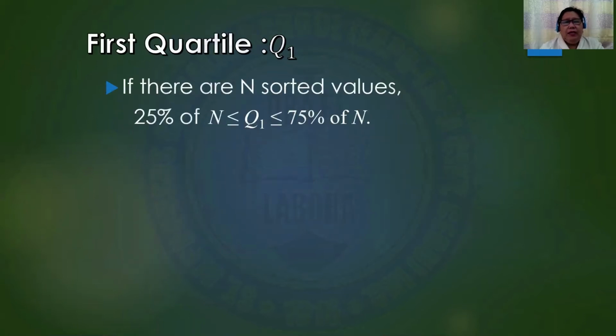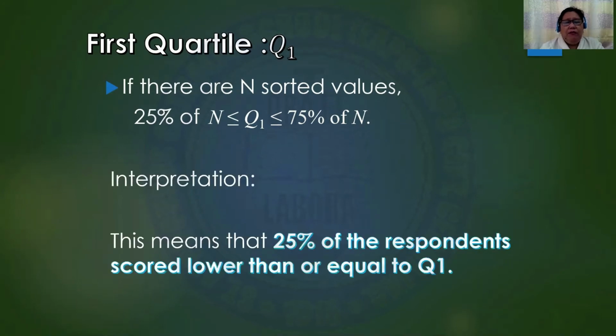If there are n sorted values, then quartile 1 is greater than or equal to 25% of n and less than or equal to 75% of n. This will mean that 25% of the respondents scored lower than or equal to Q1.